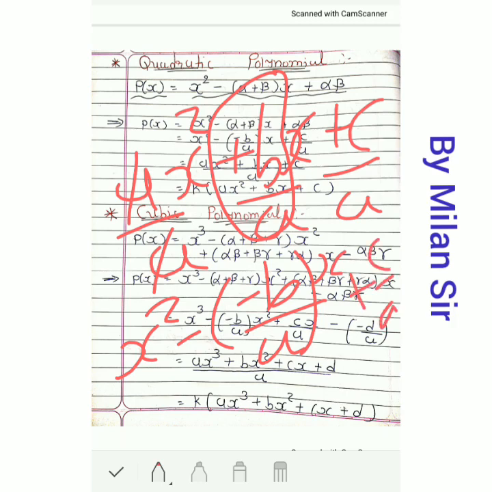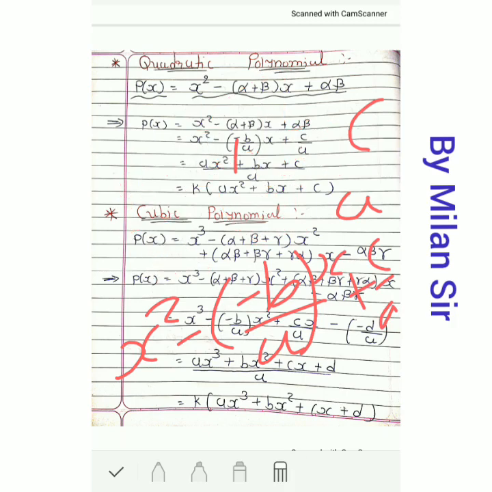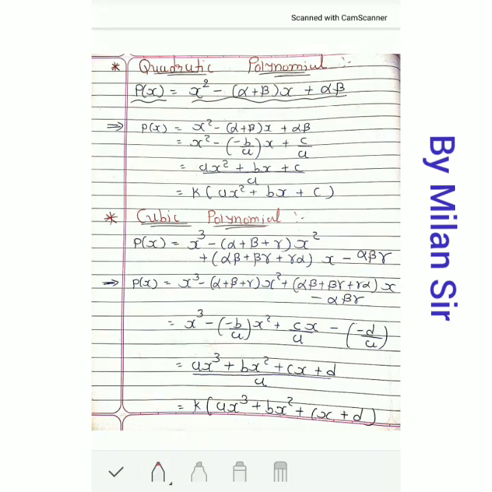So by this way we can also get this equation, x square minus b by a means alpha plus beta, c by a it means alpha into beta, product of zeros. Okay, then cubic polynomial.